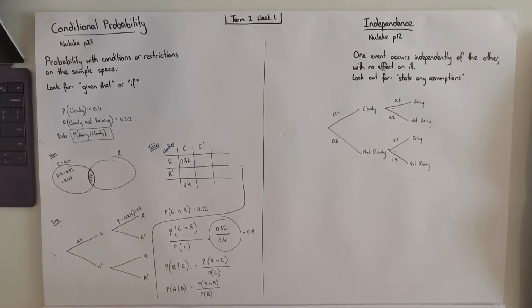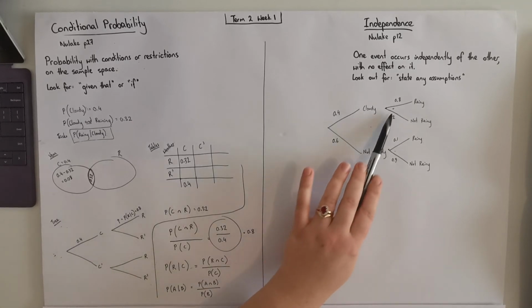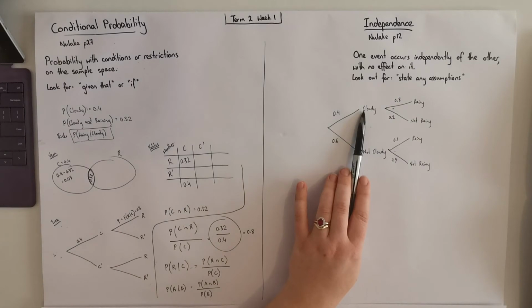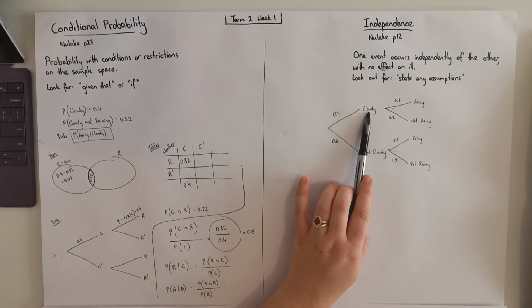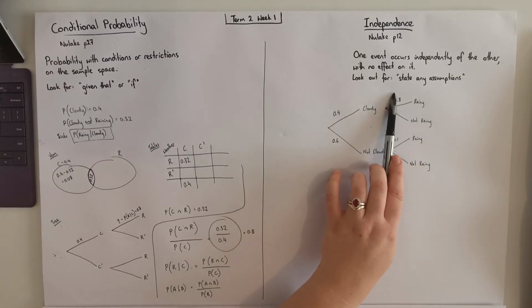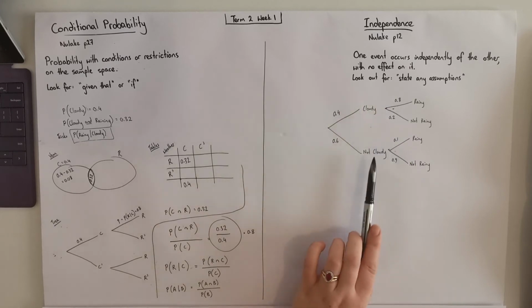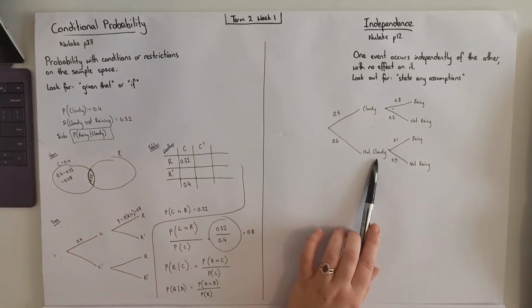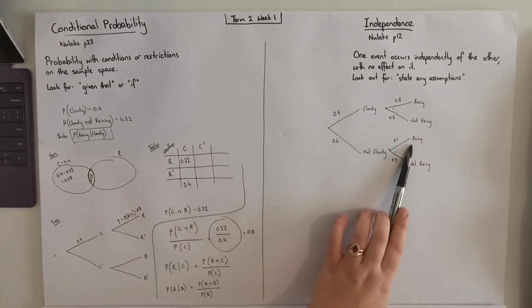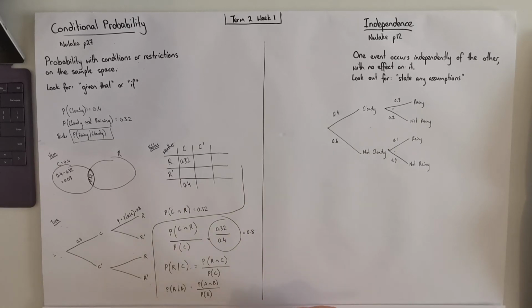Again, note the language that I've just used there, saying that clearly, if the day is cloudy, there is a higher chance of it being a rainy day, as compared to when it's not cloudy. It's a very little chance that it would be raining at all. The only example really would be sun showers.